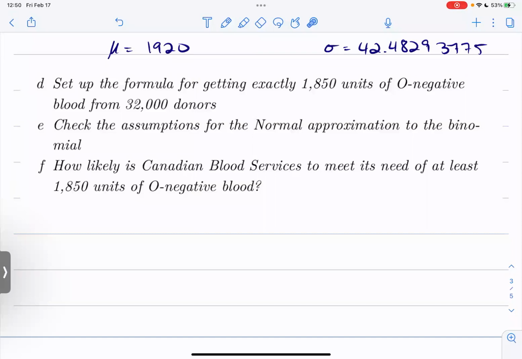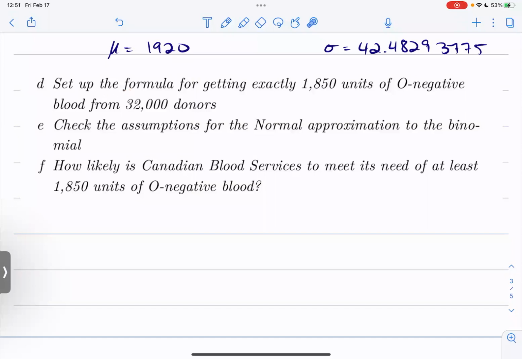Math error, it says on mine. What are we asking it to do? Make a tree with 32,000 layers and then figure out how many times I can get exactly 1,850 units. Even our calculator is like, no, I won't. So that's why it says set up the formula.